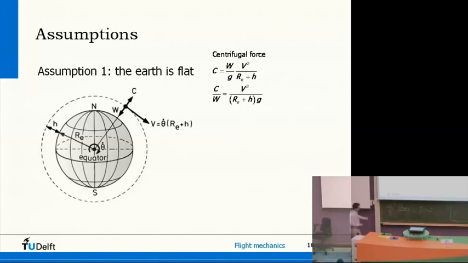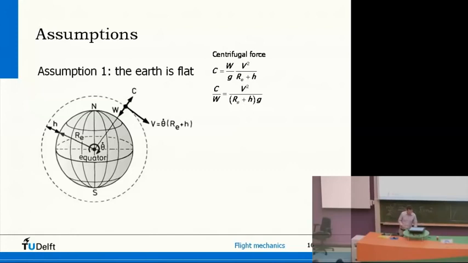And r, in this case, is the radius of the Earth plus the altitude of the plane above the Earth's surface. So this centrifugal force is what we call C. Now in the second equation here, I'm showing you the relation between centrifugal force and aircraft weight, because then I can express it kind of like a percentage.